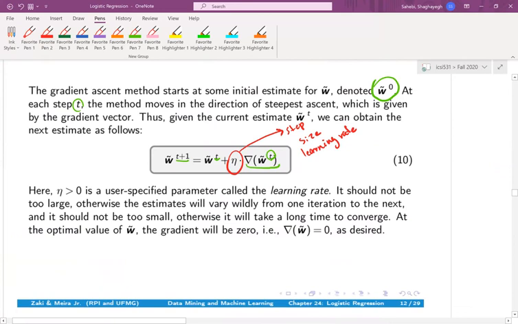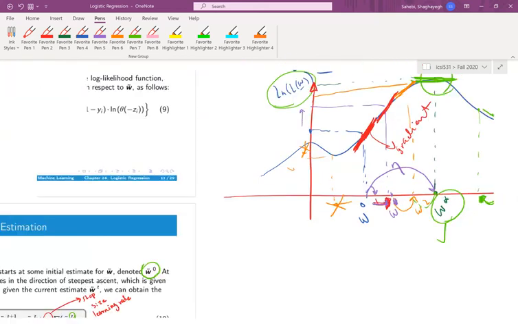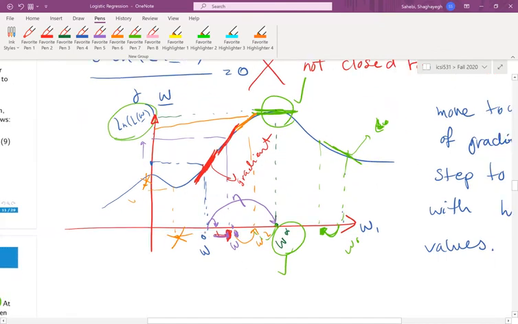Usually the best way to do it is to start with larger values of learning rate. And then as we go forward, we make it smaller and smaller so that it gets more precise. If it's too large, we are going to have a zigzag problem. So if it's too large, what happens is that we are going to jump from here to this side and then from this side to this side.